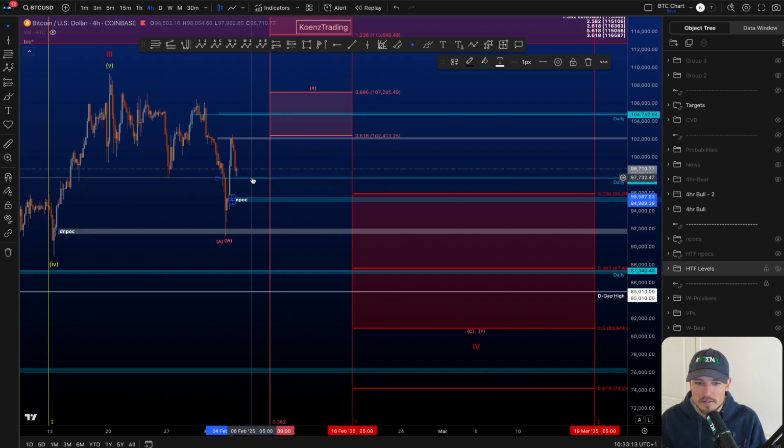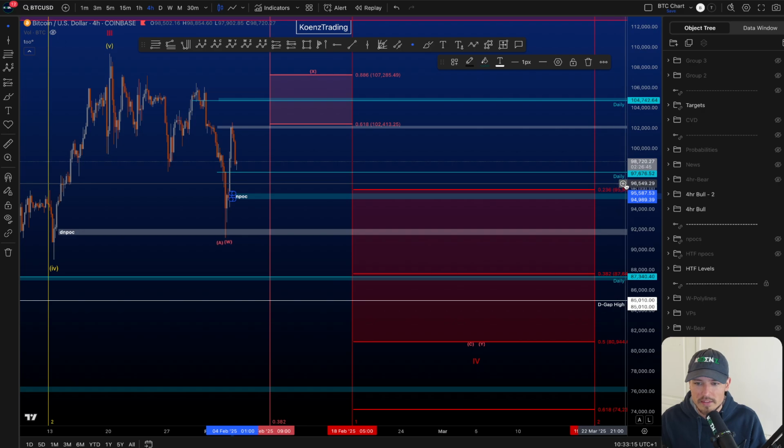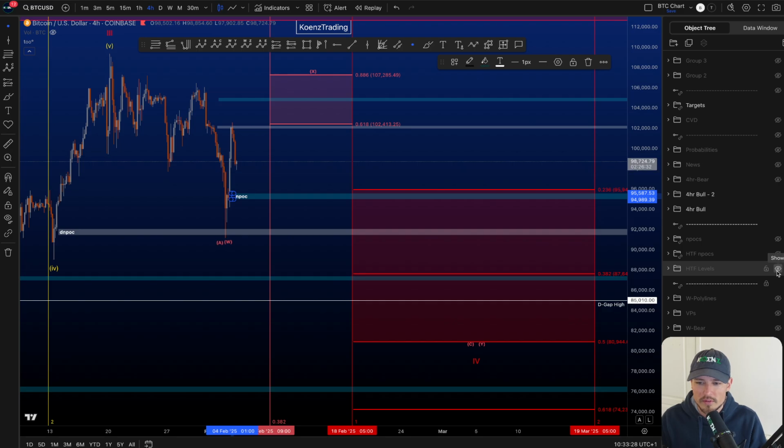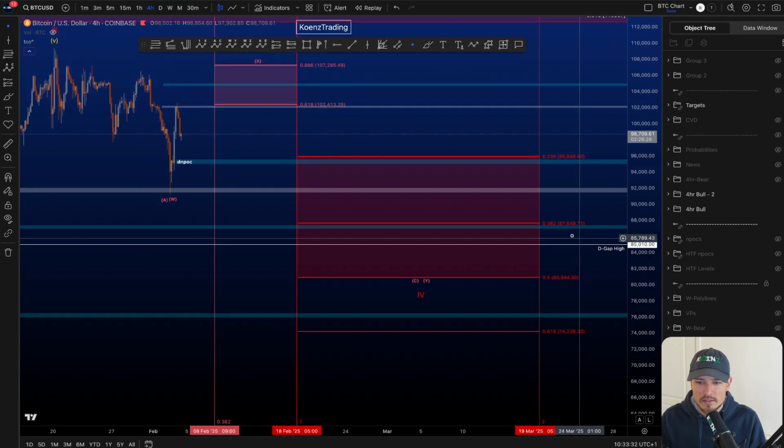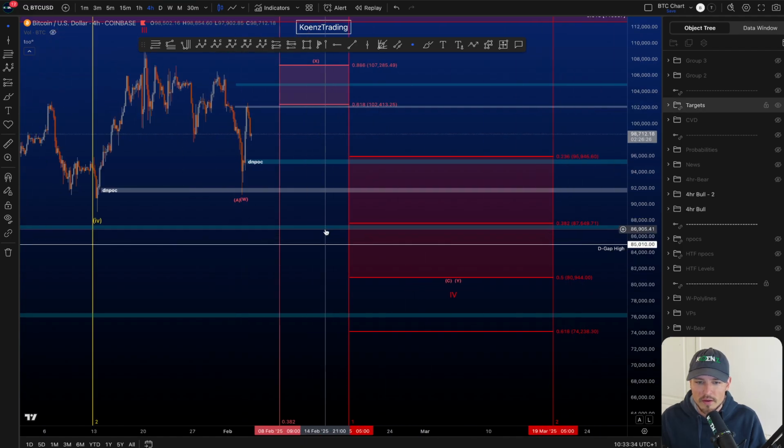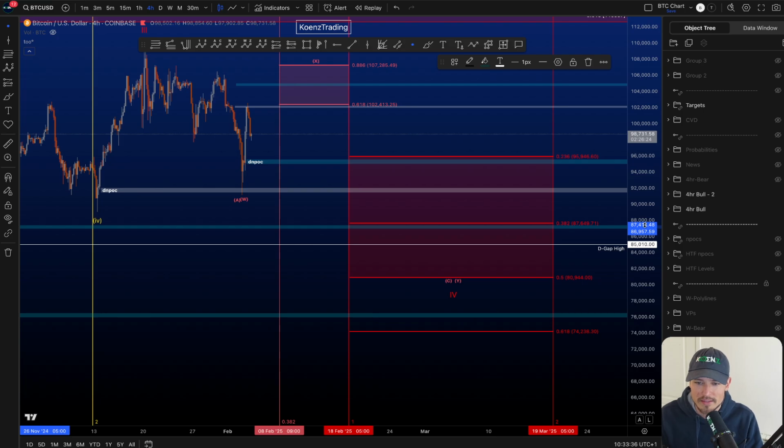We currently are very close to a daily here at 97.6. I didn't really mark it as a box. The boxes generally are the stronger support and resistance areas, and that is because the daily is a little bit solo. It stands very much by itself, but still an important level to remember. And then to the downside, on top of the 0.382, we have support here between 86.9, 87.4, and then we have the daily gap high.